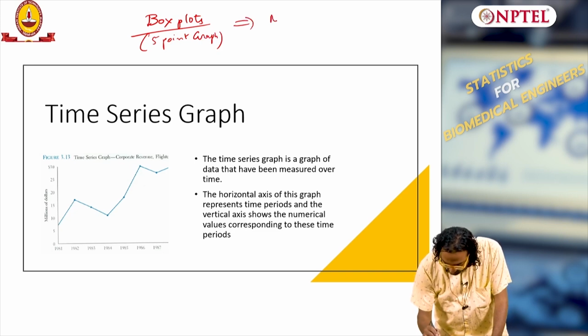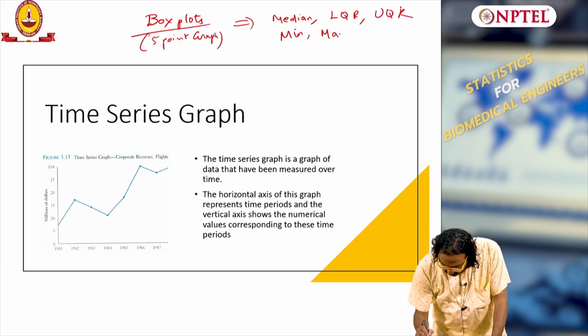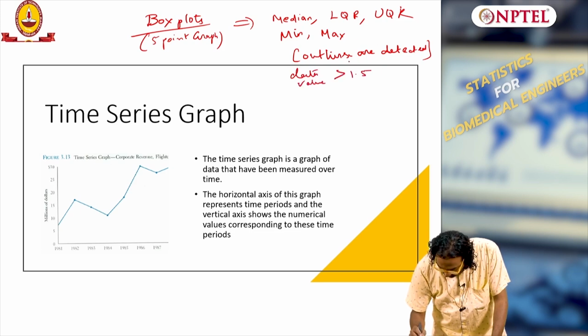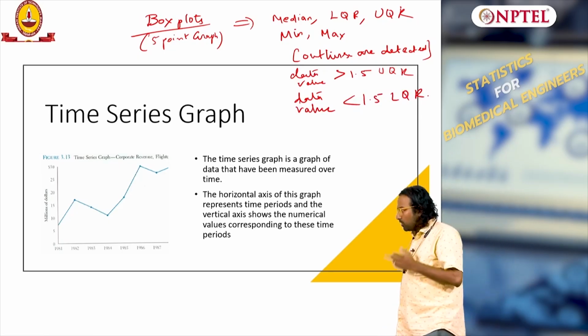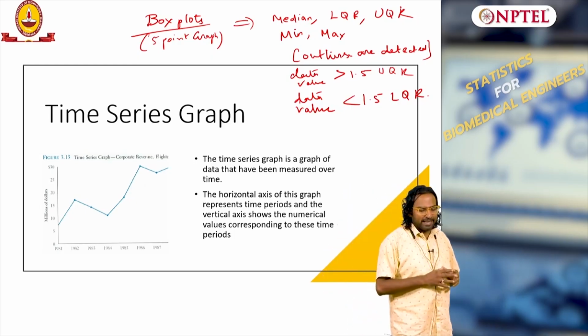So the points are your median. Okay, so the 5-point graph is composed of the median.